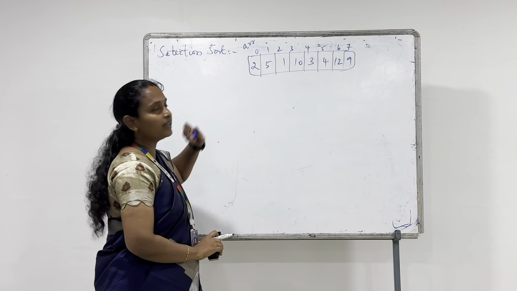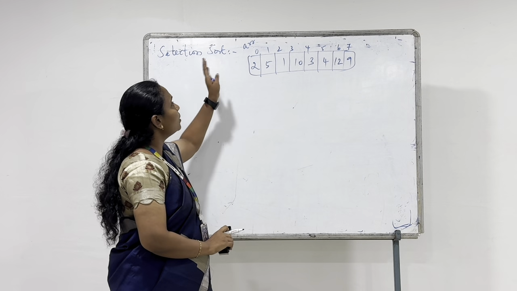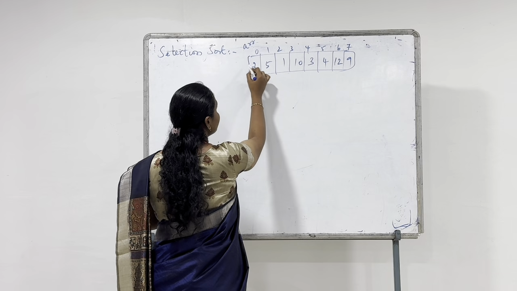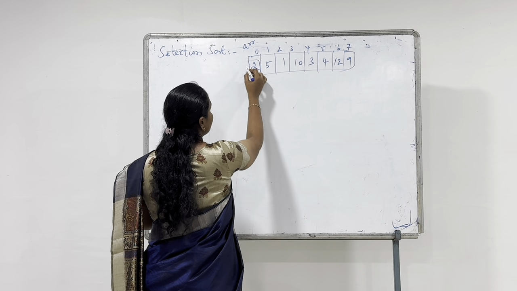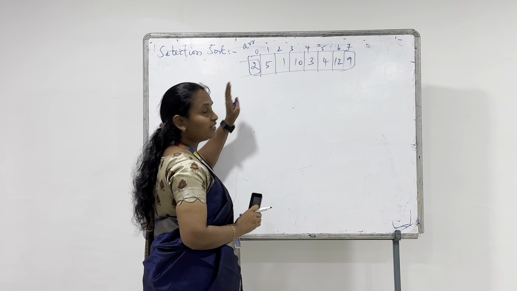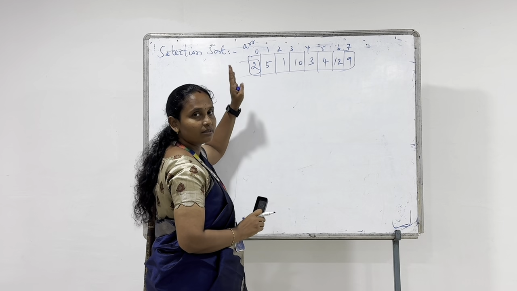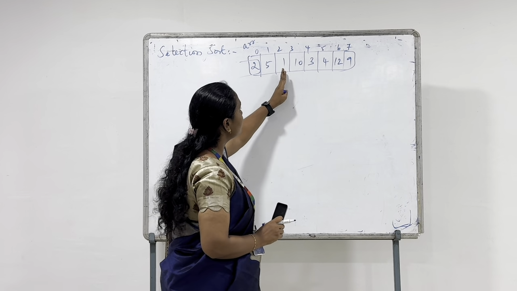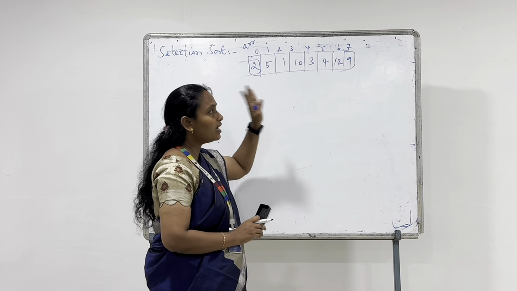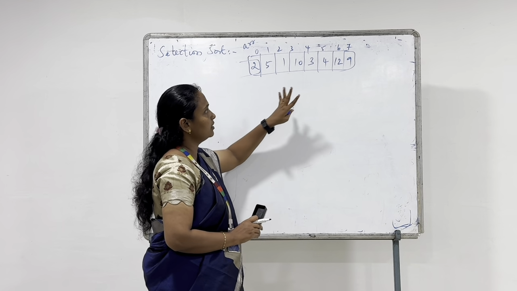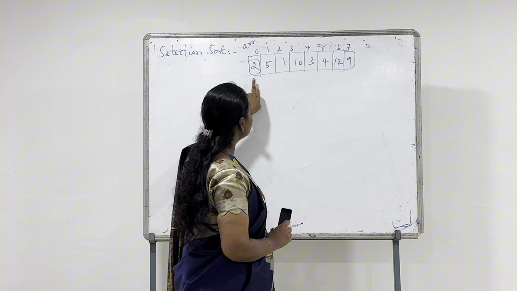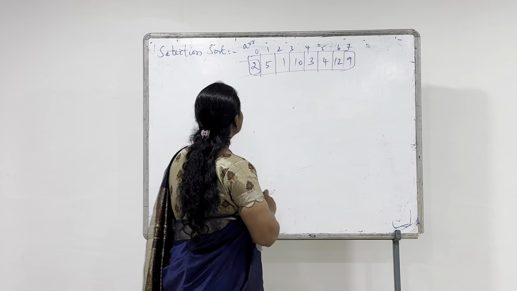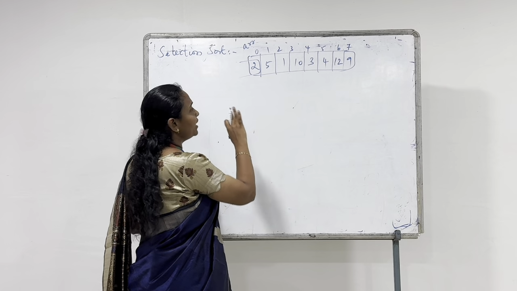This is the given array, and selection sort will work by sorting the first element into the correct place. Selection sort works by fixing the first position with the correct value, then the second position, then the third position, and finally the last element is sorted last. The first element is sorted first, and the last element is sorted last. This is the main idea of selection sort.